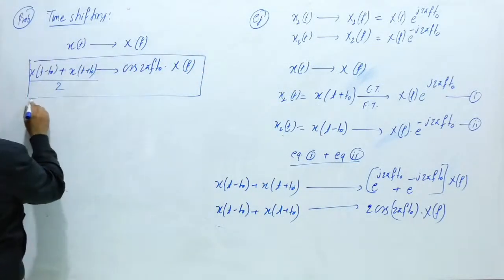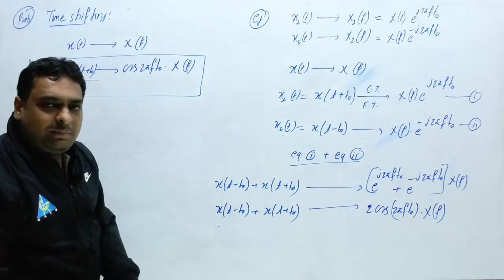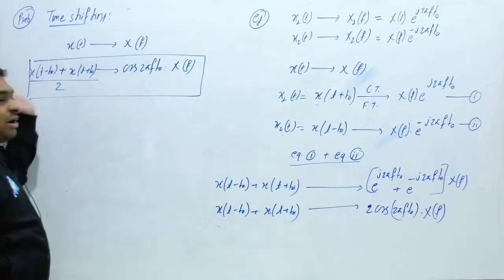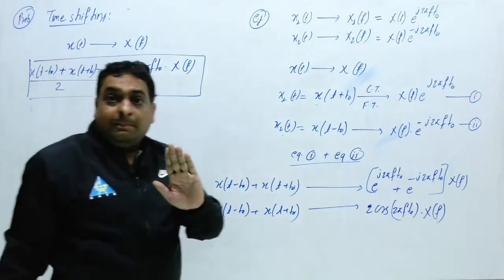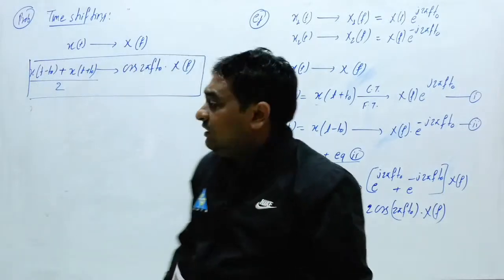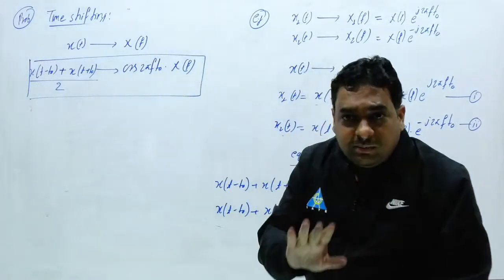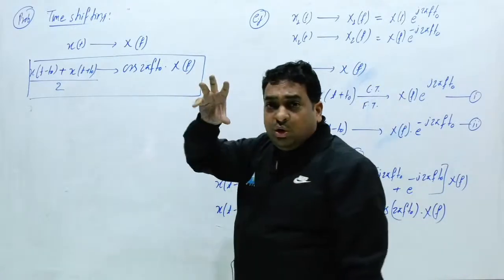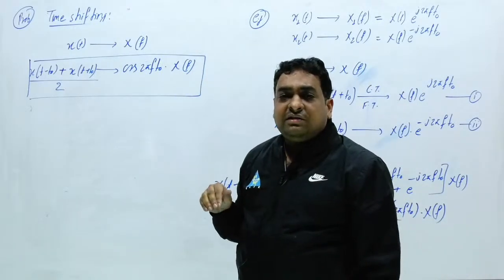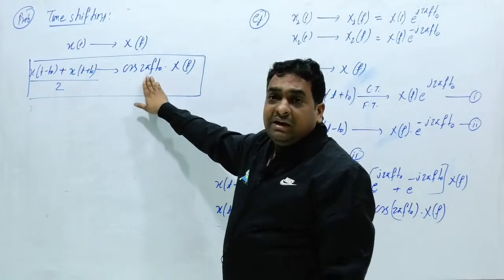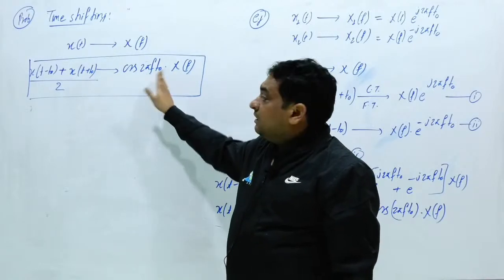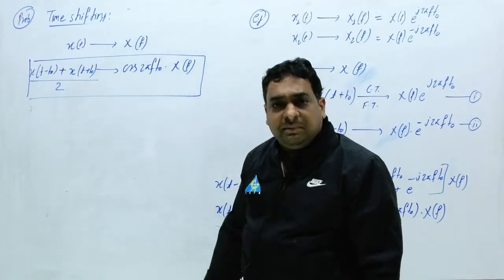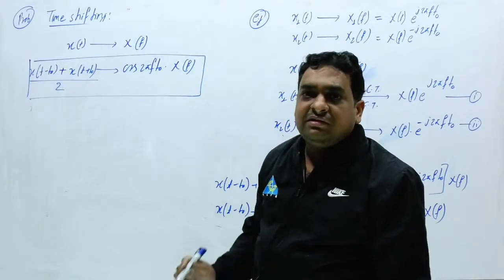Generally, we study the opposite property. The opposite property I will also tell you, so don't worry about that. But examiners are targeting questions from this. If you know the Fourier transform, and suppose cos is multiplied here, the left-sided signal will be shifted.